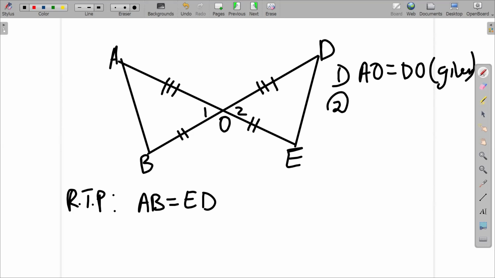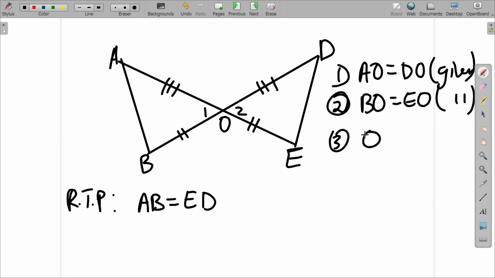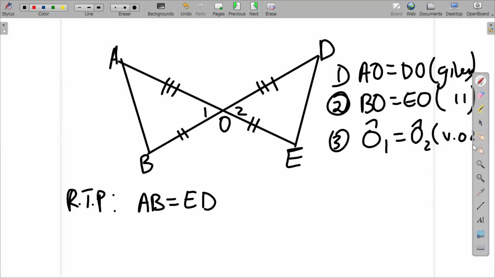The second obvious thing here is that BO is equal to EO, also freely given. But the non-obvious, which requires our prior knowledge of angles, is the fact that angle O1 is equal to angle O2, and these are vertically opposite angles. So I need to see how the previous geometry comes in.